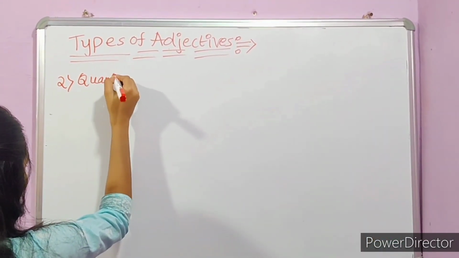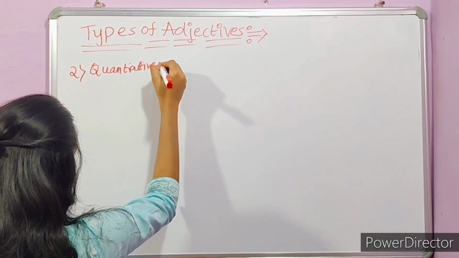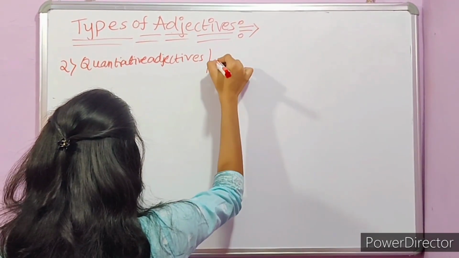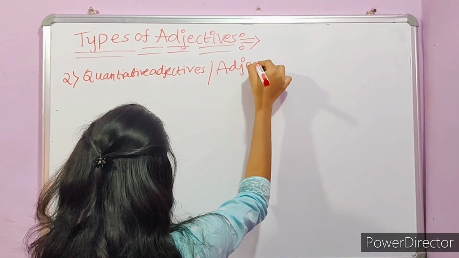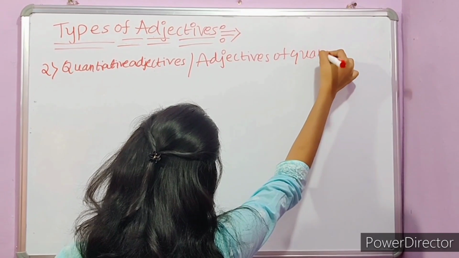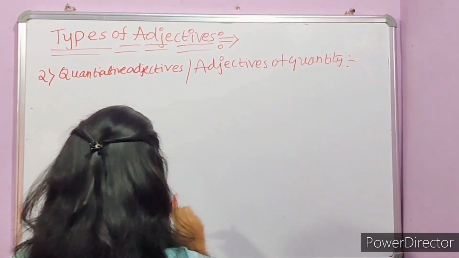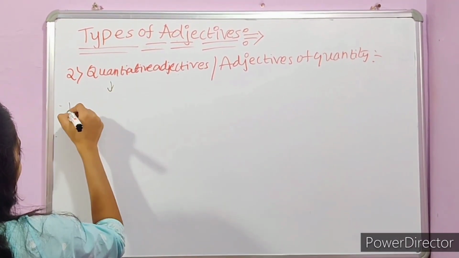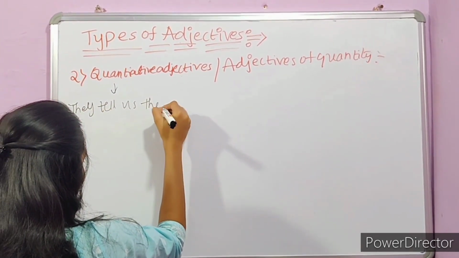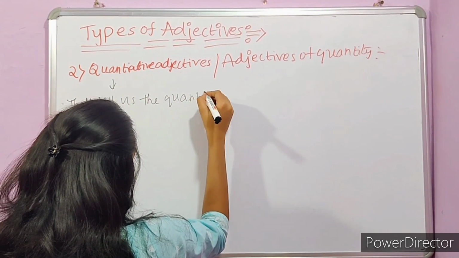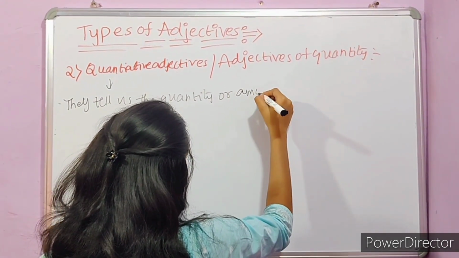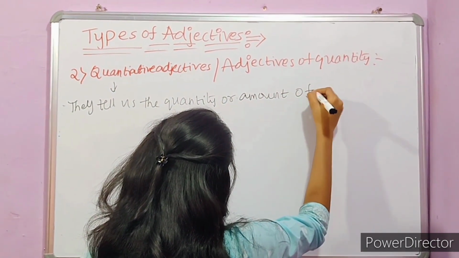Quantitative adjectives, or adjectives of quantity. They tell us the quantity or amount of a noun.